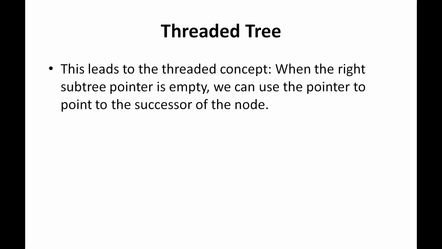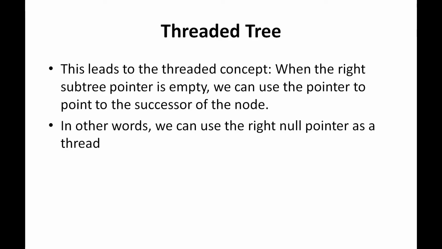Now we are going to look at how a threaded tree is implemented and how it overcomes these drawbacks of the binary tree. What we are basically doing is replacing the null pointers by addresses of the successor nodes, and we are targeting the right pointers.